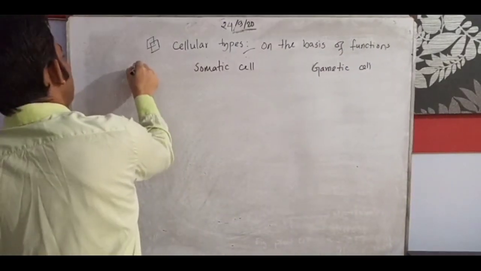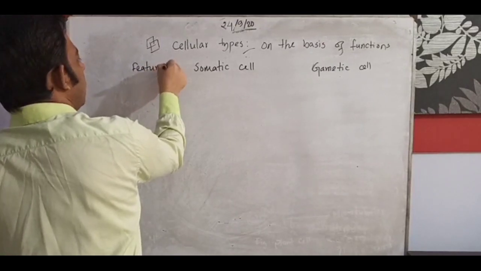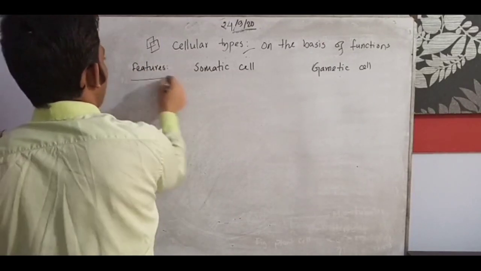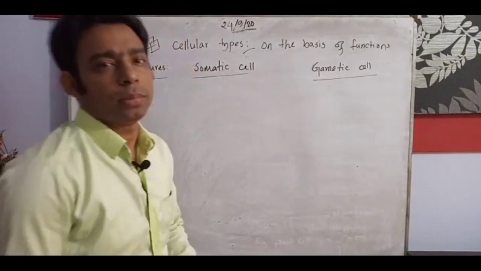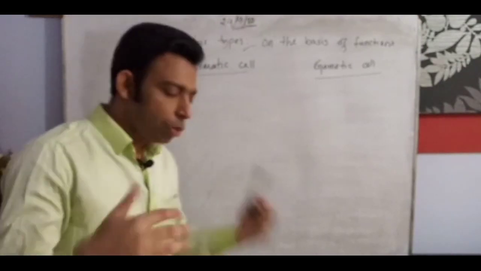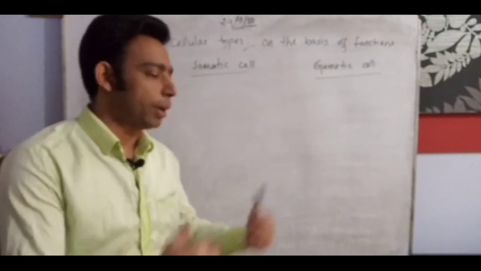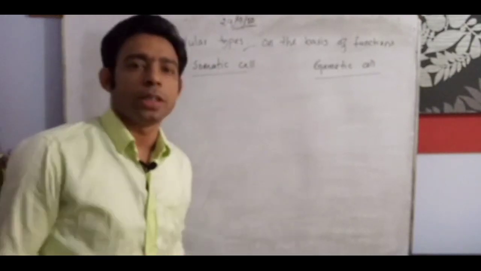How will we learn this one? My dear students, it is given in the book in just a normal way, just the concept of somatic cell and gametic cell. But you know it is asked in the exam: write the difference between them.